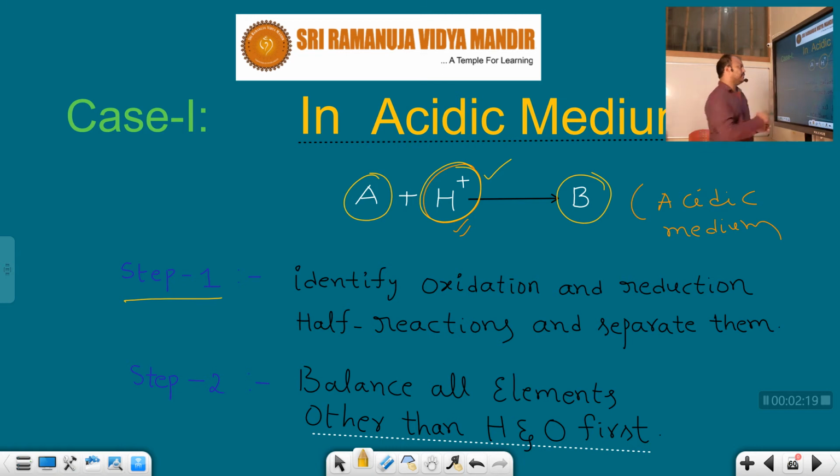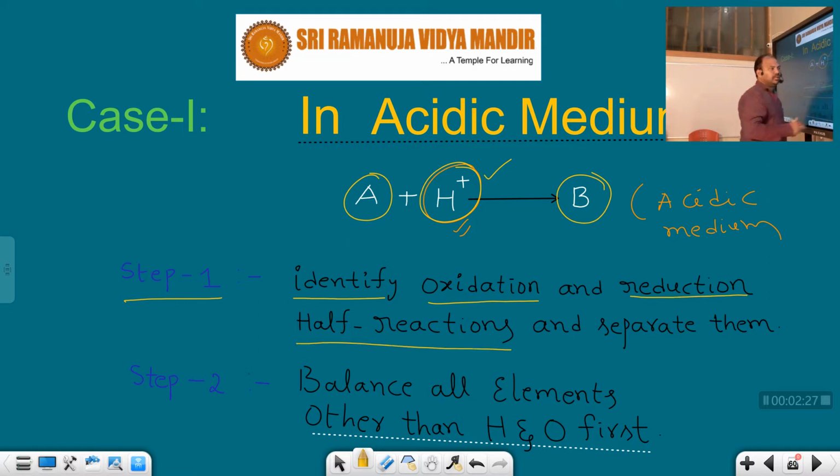The first step is to identify the oxidation and reduction half reactions in the redox reaction, and we have to separate them. First of all, in the redox reaction, we have to bifurcate the oxidation reaction and the reduction reaction. We have to separate them.